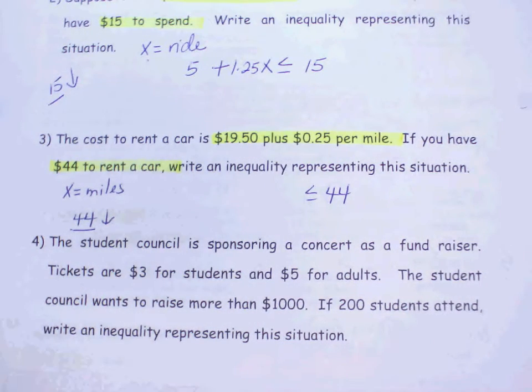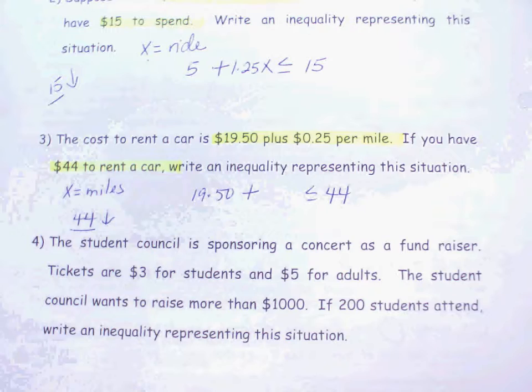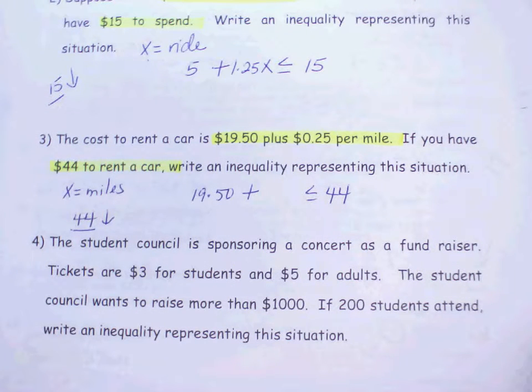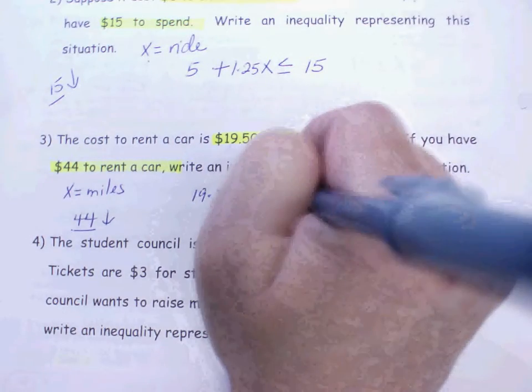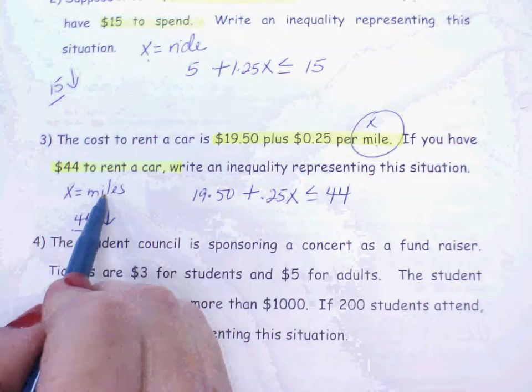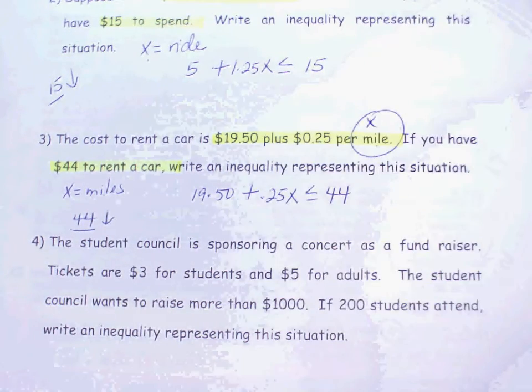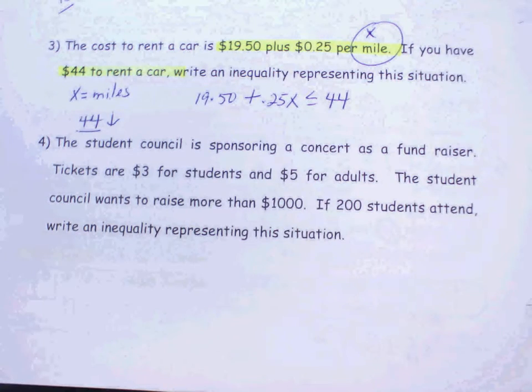No, so it has to be less than or equal to 44. All right, so how much does it cost you to rent this car? 19.50 plus what? 0.25x. Very good. Good job. Because miles is your x, right? Those are your x's.